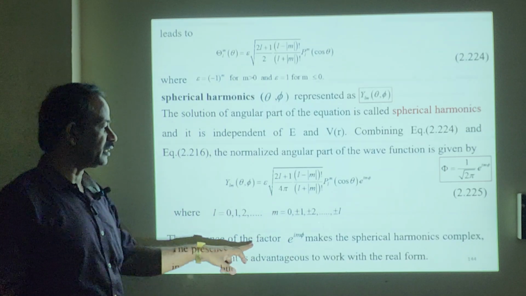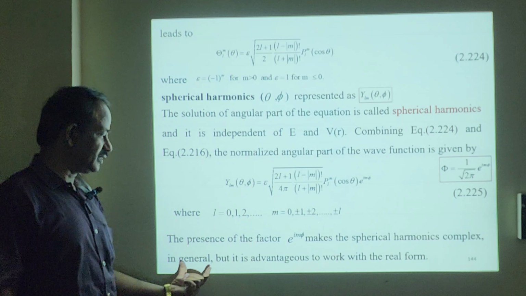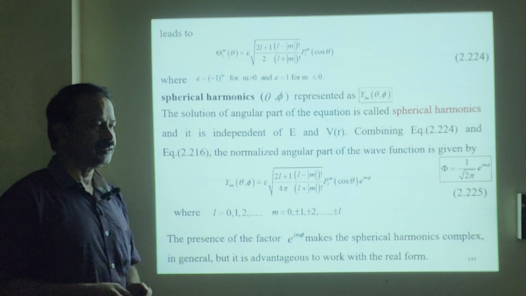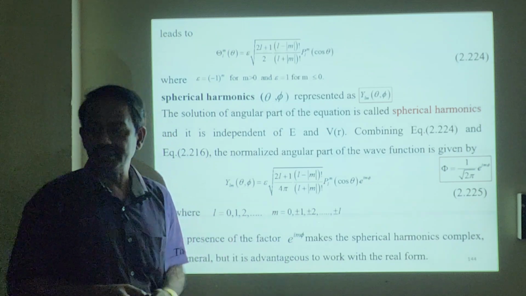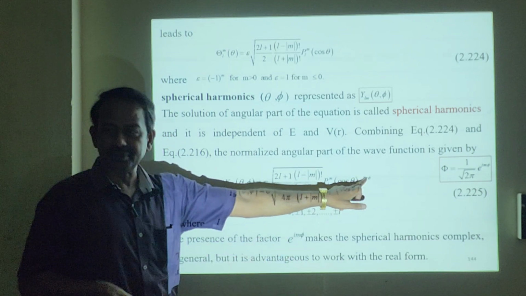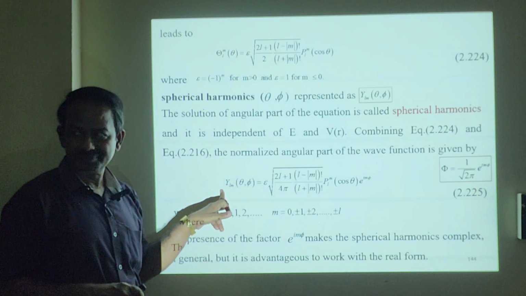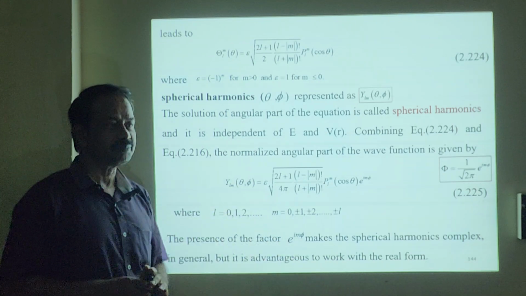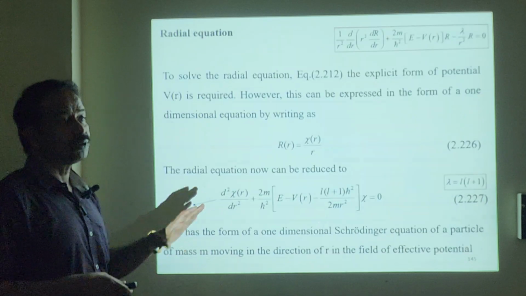The presence of the factor e to the power i m phi makes the spherical harmonics complex sometimes. In general, it is very easy to work with the real form. Because of the factor e to the power i m phi, we will get the solution as a complex value sometimes, but it is always better to work with a real form. So now we'll go for the radial equation.